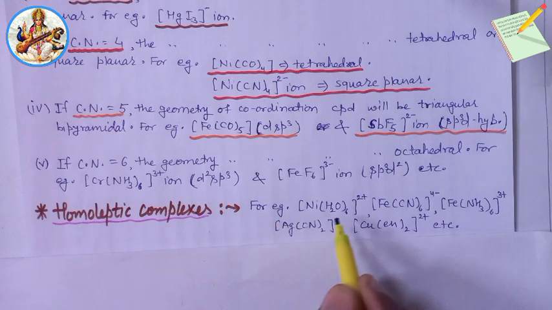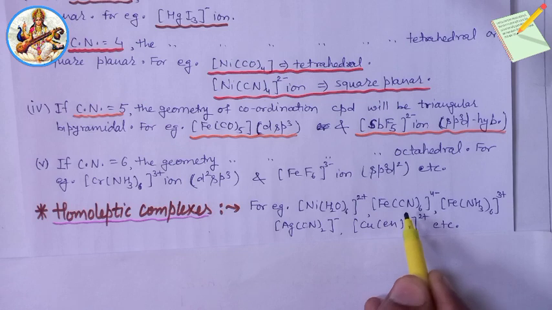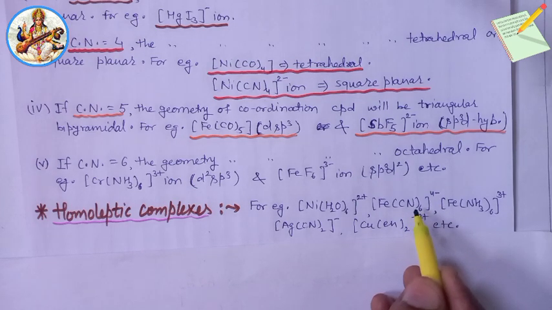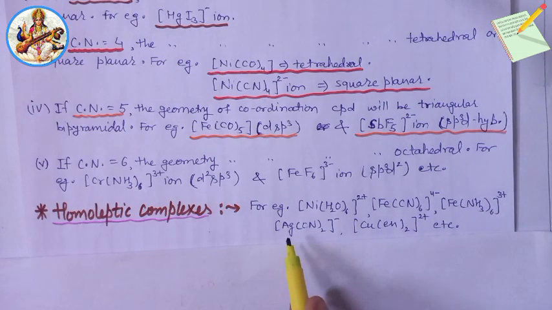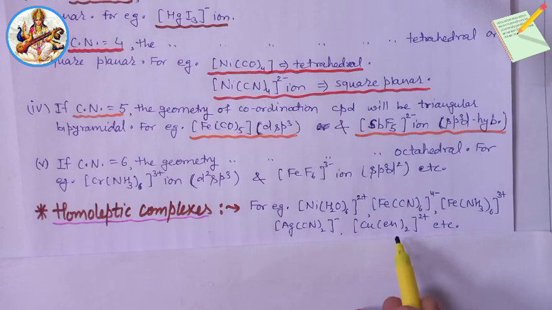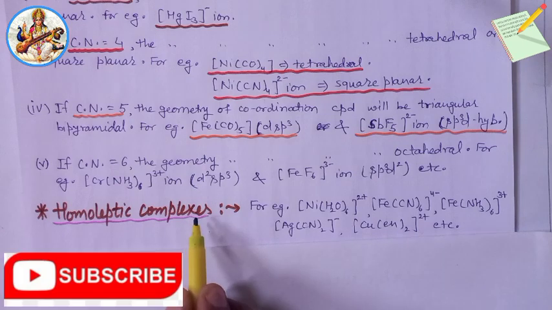For example, [Ni(H2O)6]2+, similarly [Fe(CN)6]4-, ferrocyanide ion, [Fe(NH3)6]3+ ion, [Ag(CN)2]- ion, [Cu(en)2]2+ ion, etc. are examples of homoleptic complexes.